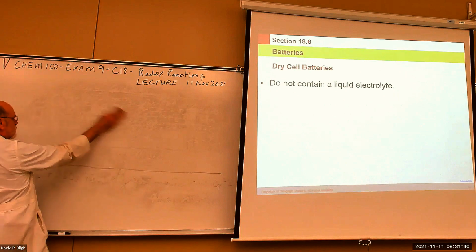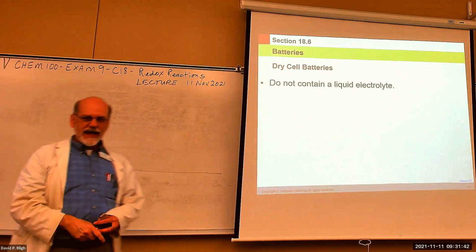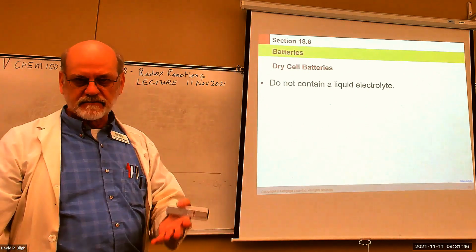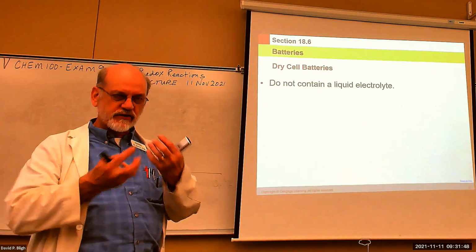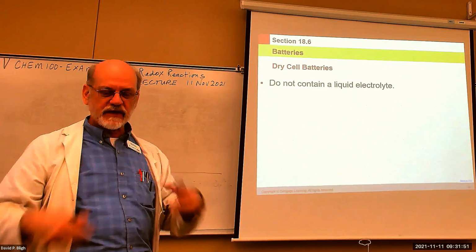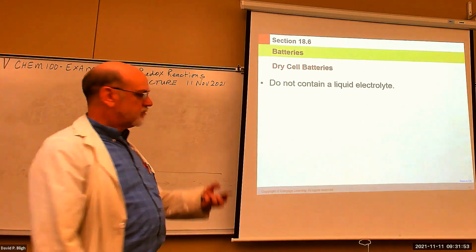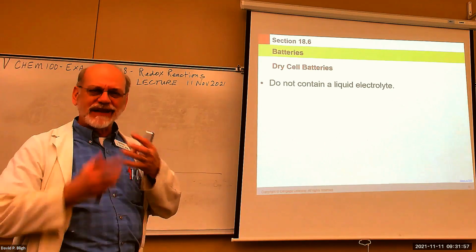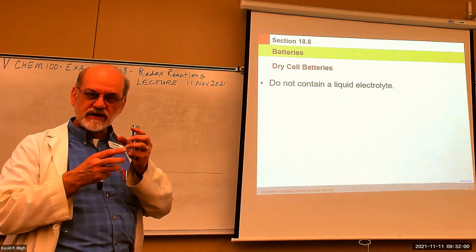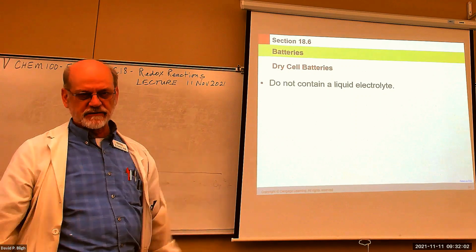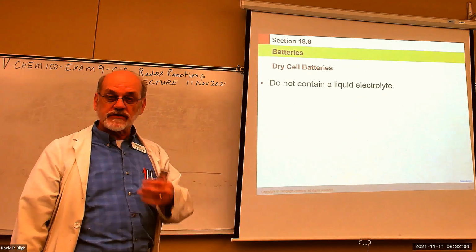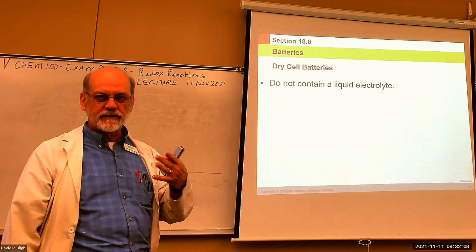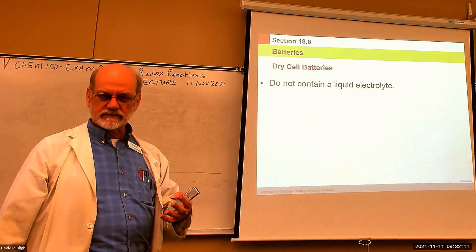The batteries we've talked about so far have a liquid, what we call an electrolyte. The electrolyte is the solution in each of the half cells. But there are forms of battery that stabilize the solution in a more or less solid matrix. You still have ions that are able to move, and electrons can move, but it's more stable.